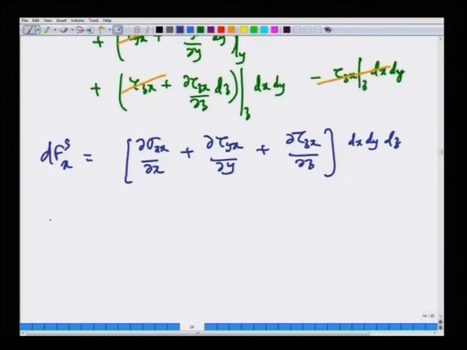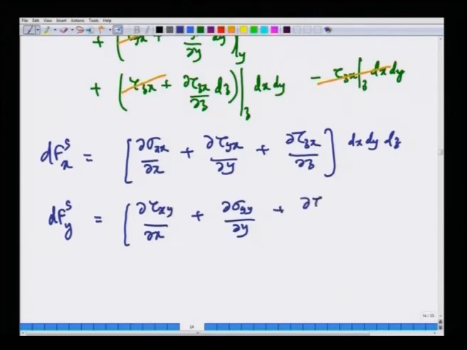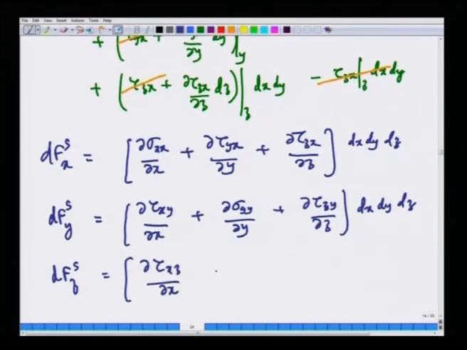And likewise dF_sy is (d tau_xy/dx plus d sigma_yy/dy plus d tau_zy/dz) times dx dy dz. Likewise, you can write dF_sz as d tau_xz/dx plus d tau_yz/dy plus d sigma_zz/dz, because of the normal stress, times dx dy dz.